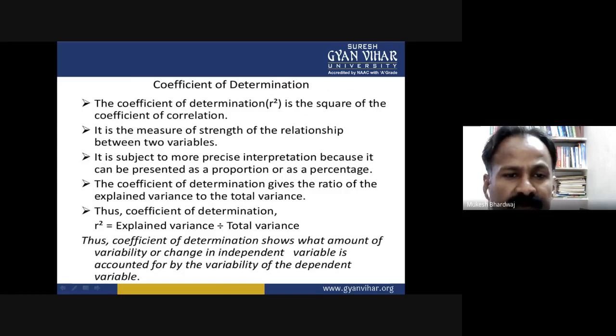Thus, r square equals explained variance divided by total variance. It shows what amount of variability in the dependent variable is accounted for by the variability of the independent variable.